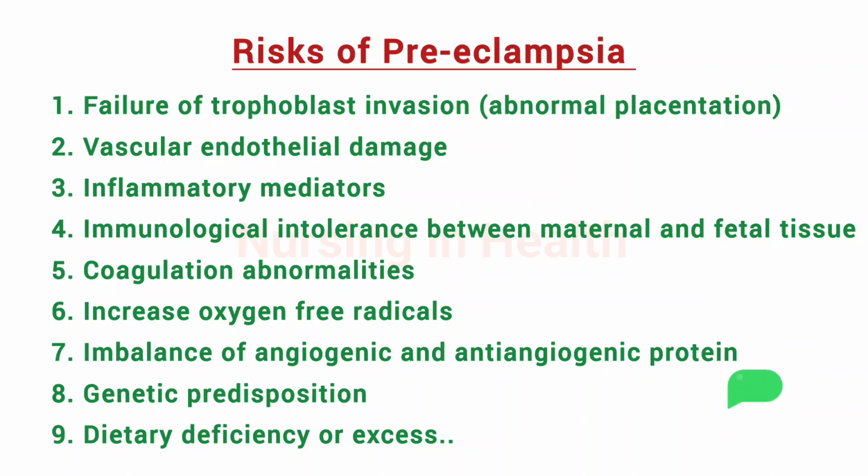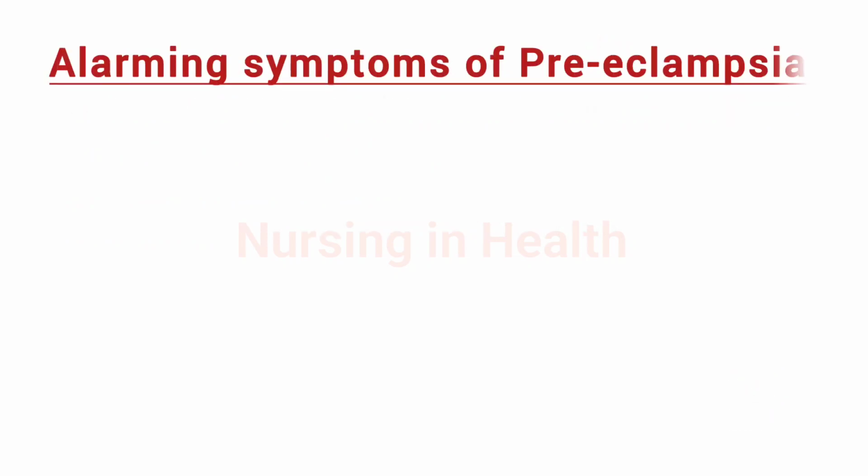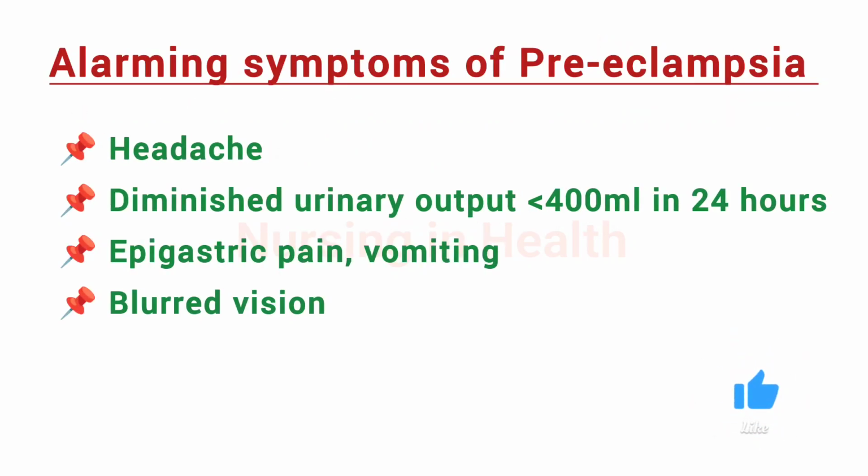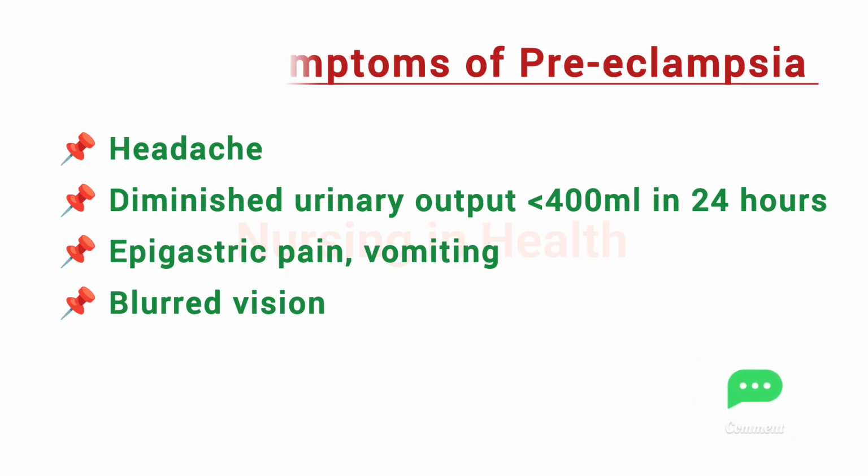Next, alarming symptoms of preeclampsia: headache, reduced urine output less than 400 ml in 24 hours, epigastric pain, vomiting, blurred vision.